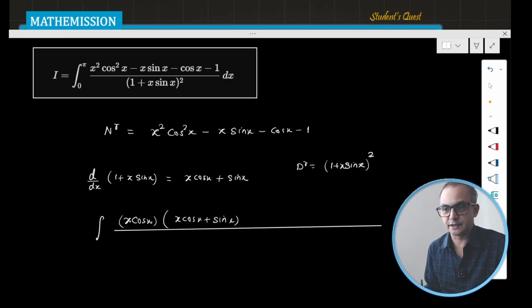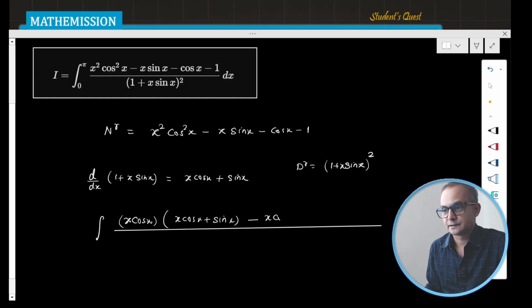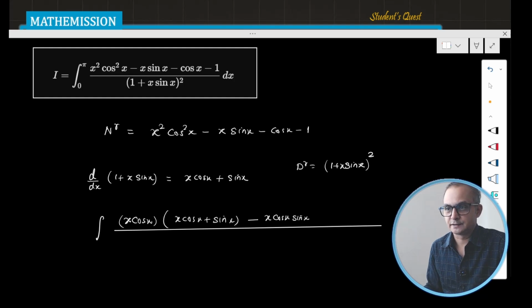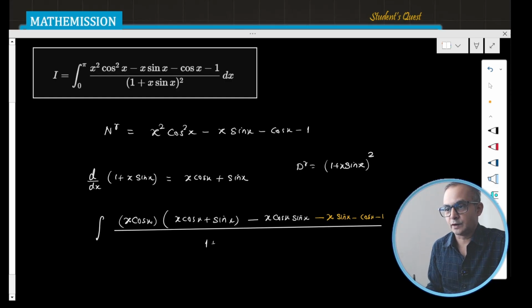What that extra term is, x cos x sin x. I'm subtracting x cos x sin x to compensate it. And whatever we had previously, I'm going to write minus x sin x minus cos x minus 1. And the denominator as it is, 1 plus x sin x the whole square, with dx.